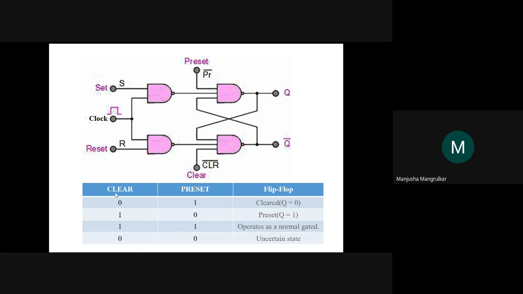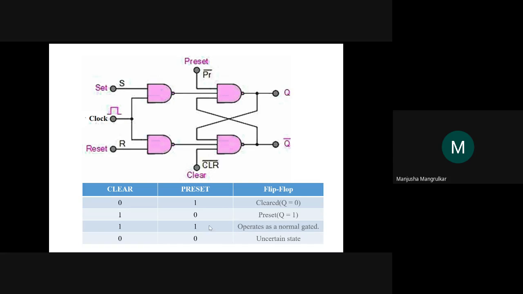Now this is the clear and preset. Suppose the clear is 0 and preset is 1, so Q is equal to 0, right? Suppose the clear is 1 here and the preset is 0, so your Q is equal to 1, right?